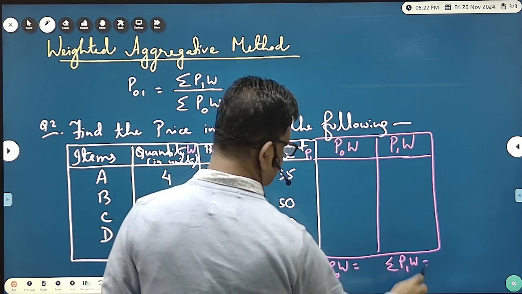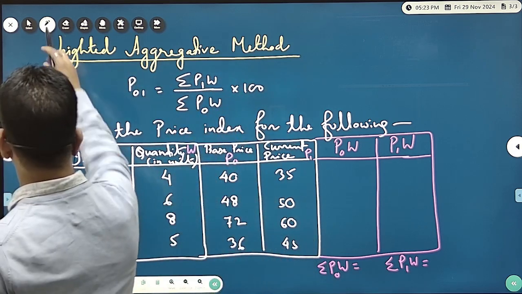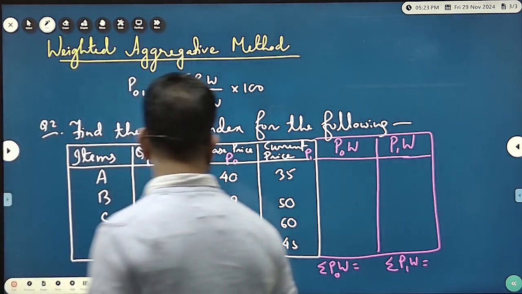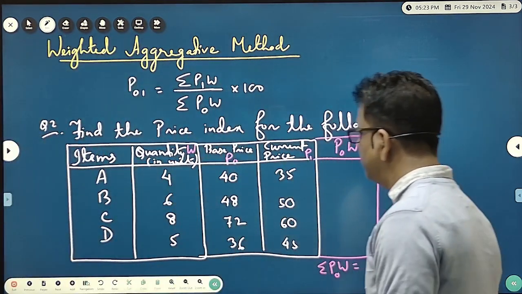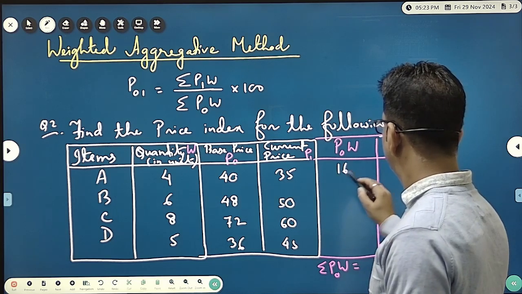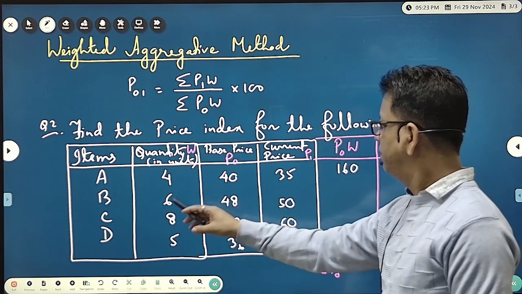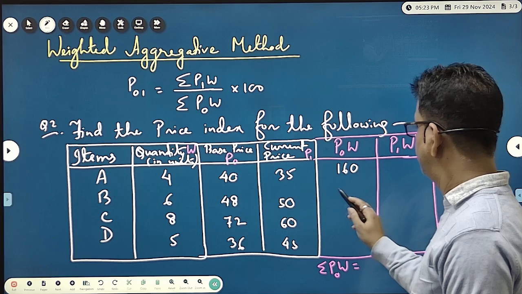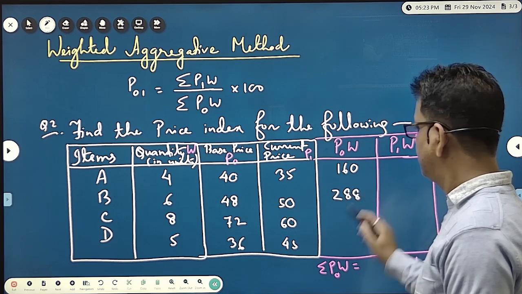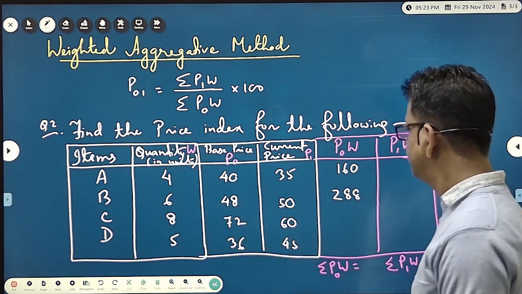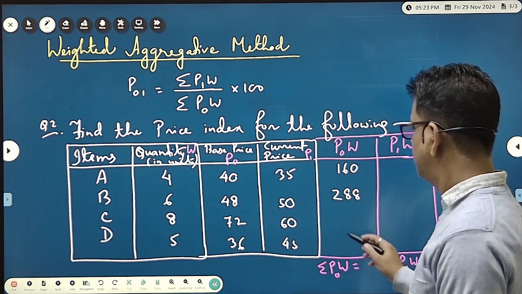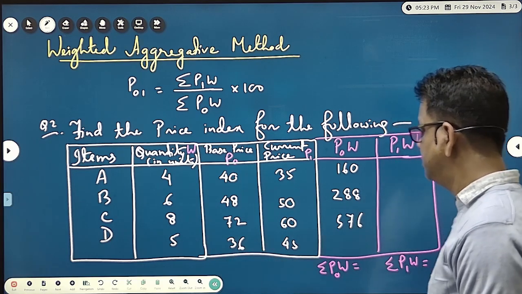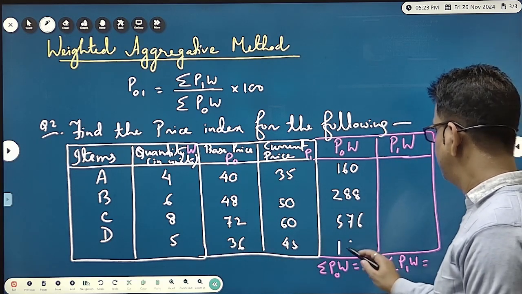Please do that. Now let's start. P naught W: it is 4 into 40, 160. Then 6 into 48, 288. Then 8 into 72, 576, and then 5 into 36, 180.